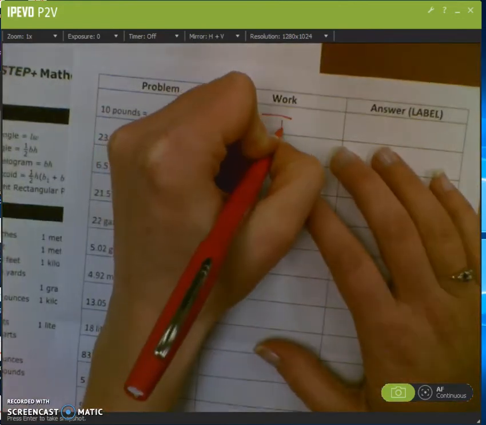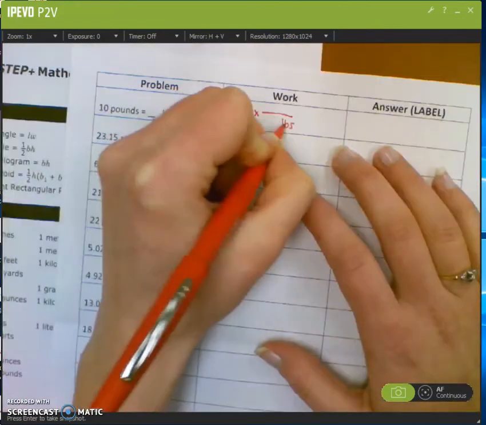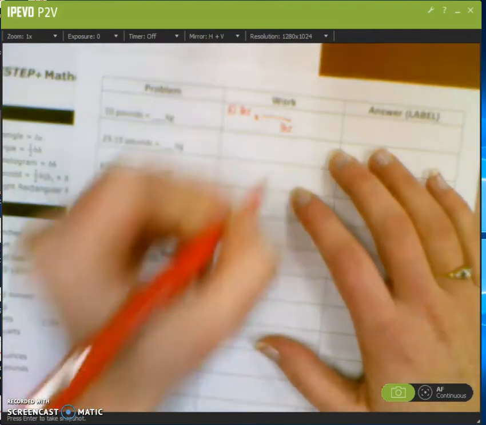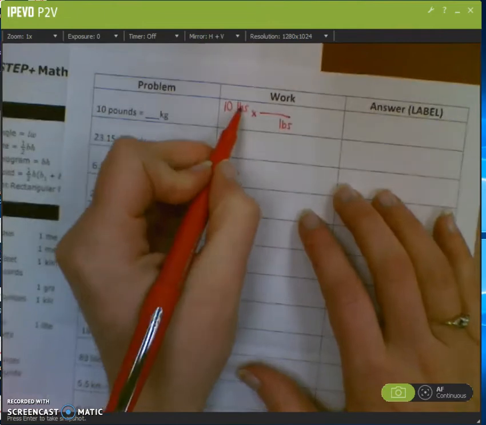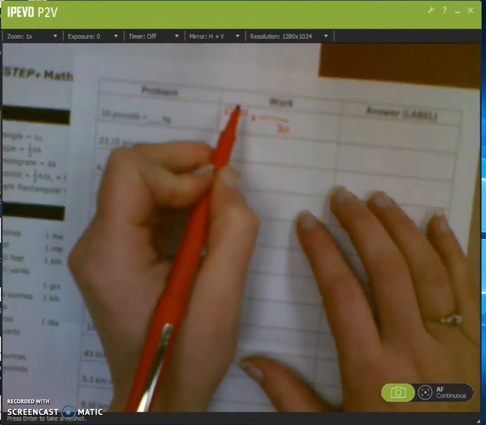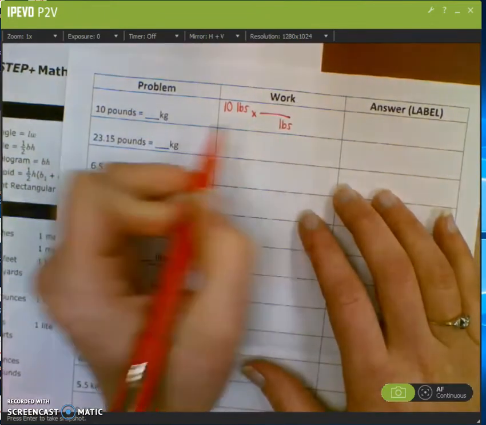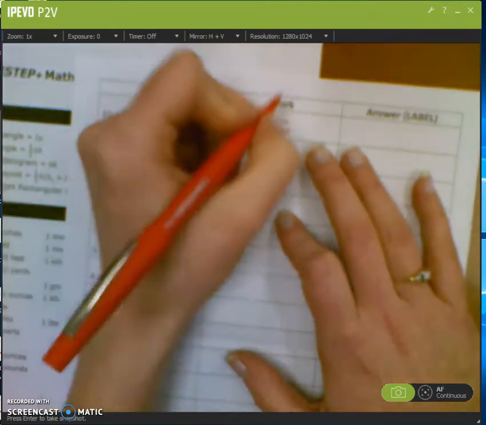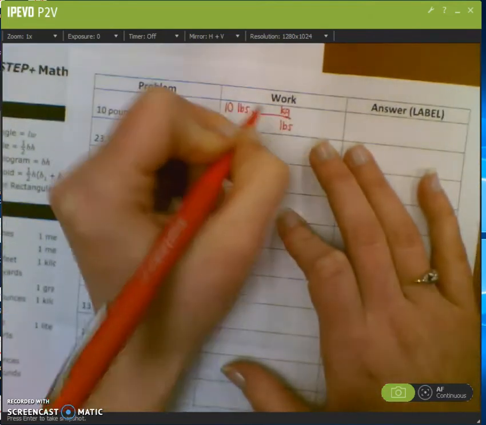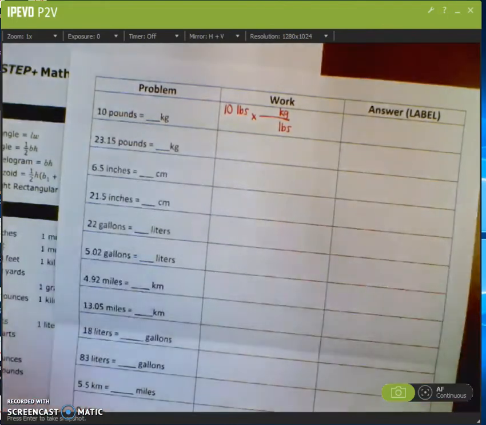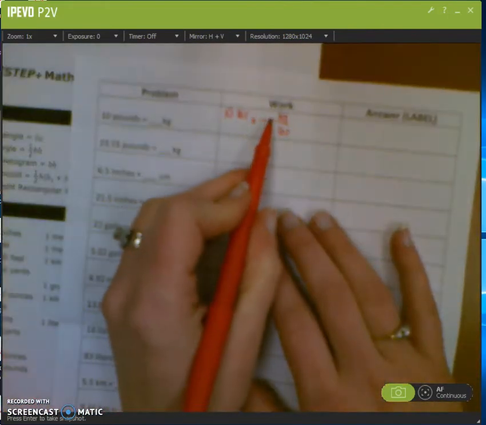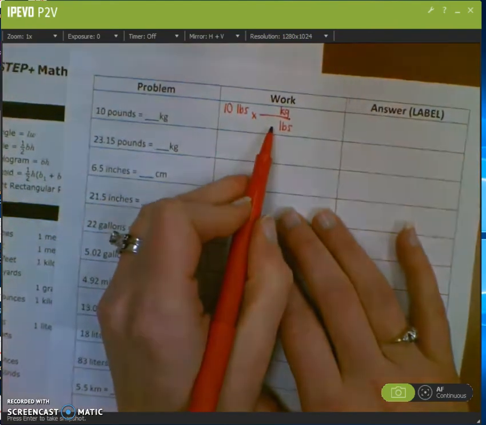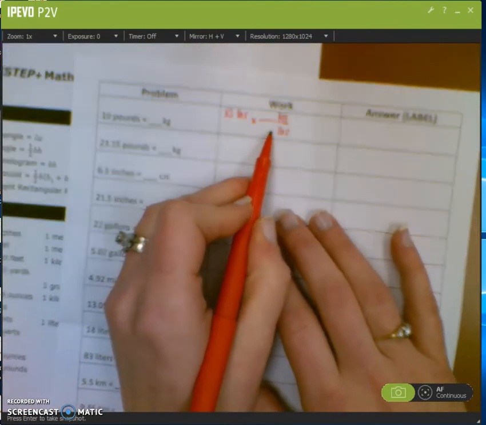I'm going to put the number of pounds on the bottom because, if you remember from multiplying fractions, labels can cross-reduce just like numbers. So the pounds, because they're across from each other, will drop off, and I want kilograms to be left. So I'm going to put kilograms in my numerator, on top with my answer. What I'm asking myself here is how many kilograms equal how many pounds?